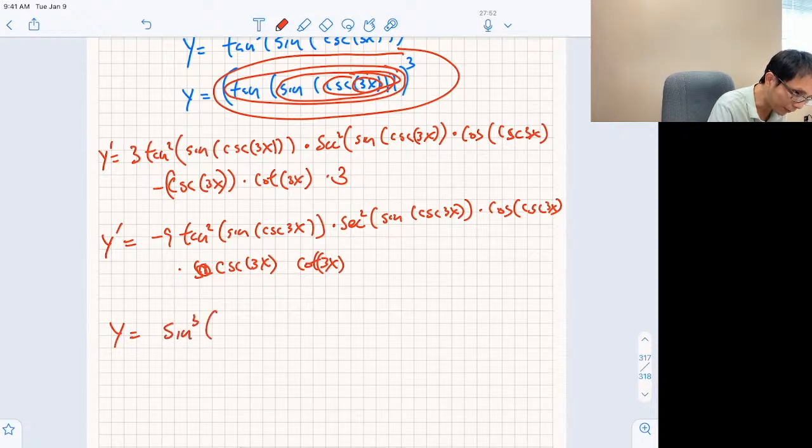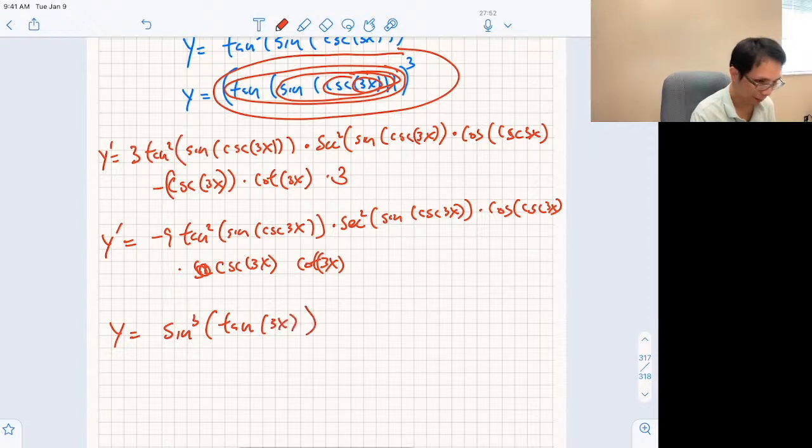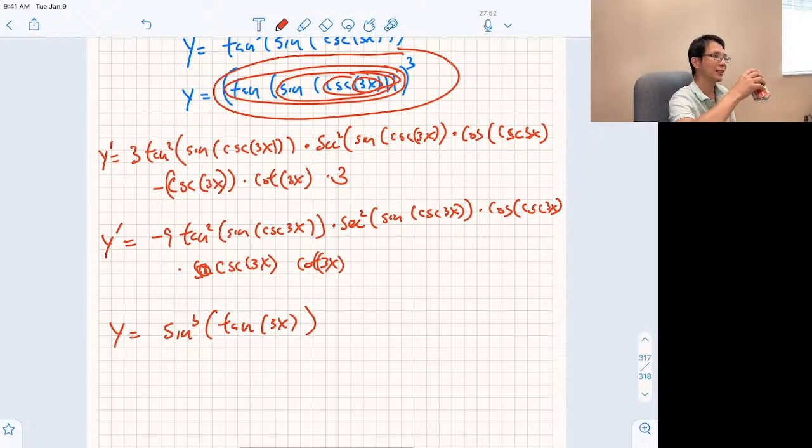Sine to the third. Hold on. It's okay, you got this. My brain. I'm going to go faster. Let's not escalate it quickly. We're going to take a derivative of this.